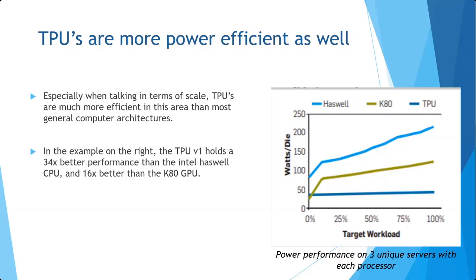And basically, you can see that as the workload increases, the Haswell server and the K80 server are much less power cost effective. They cost much more power to run as the workload goes up. But with a TPU server, the power remains relatively constant. So the TPUs have a much more comparative advantage in power consumption. I thought that was important to note.